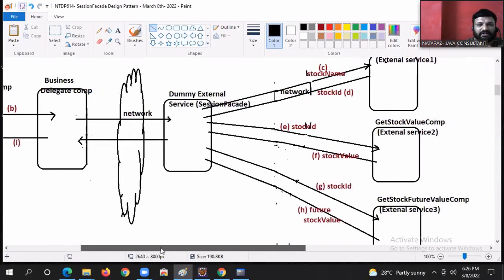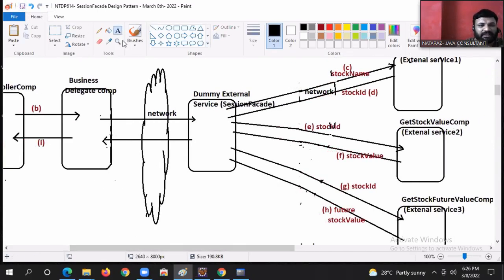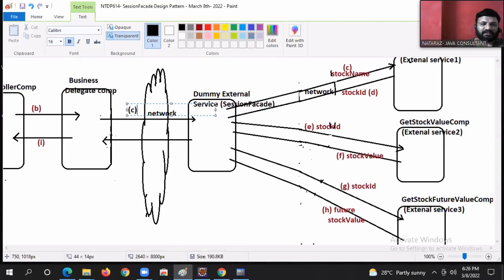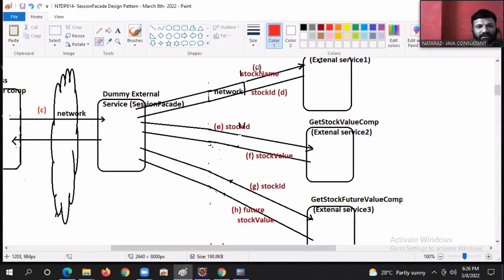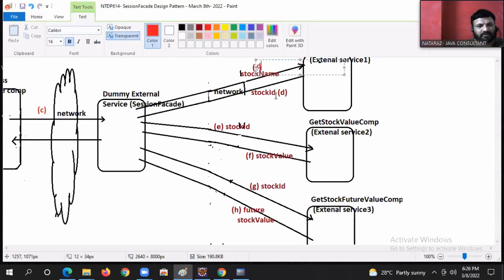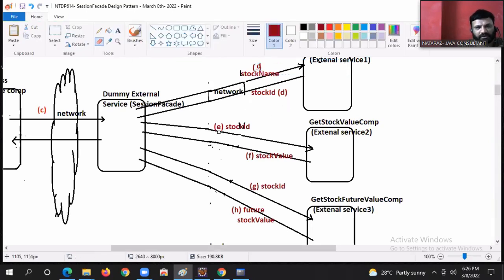Everyone enjoyed it. Now tell me here. A, B, C. C will talk to another external component. D here. D, E here. Do I have any network here? No network. Next, F here.